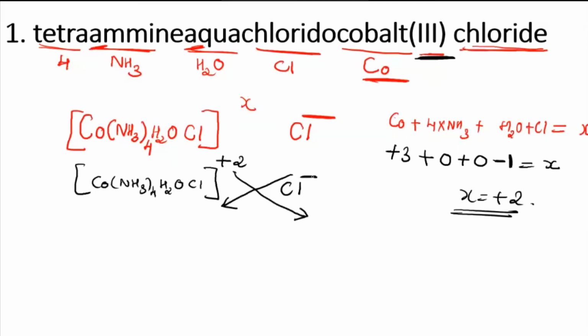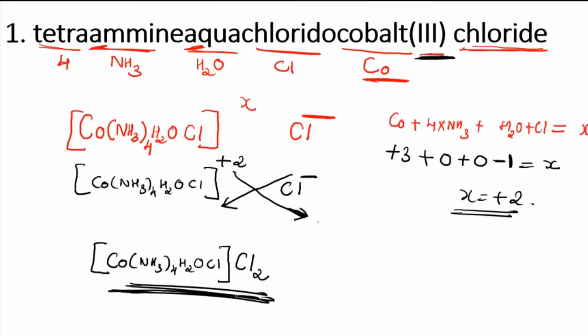That's how the charge will get equalized, by crossing the valency. So after crossing and writing, you will get it in this fashion: Co, NH3 4 times, H2O, Cl. This Cl 1 comes over here, so I will not get anything. This 2 will come to the other side near the chloride, so then you will get Cl2. This is the final thing. This will be the final formula of the coordination compound.